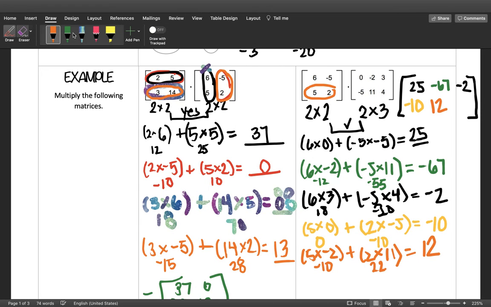Now I'm doing my last column. So second row, last column. We're doing 5 times 3. 5 times 3 will get you 15. Plus 2 times 4 will get you 8.